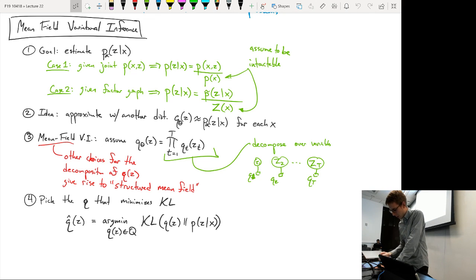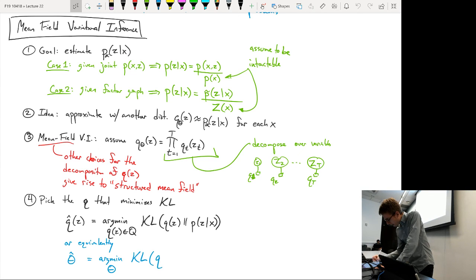The other way that we could write it is in terms of the parameters: we choose some theta hat, which is an arg min over parameter vectors theta that minimizes the KL of Q theta of z and P alpha of z given x.